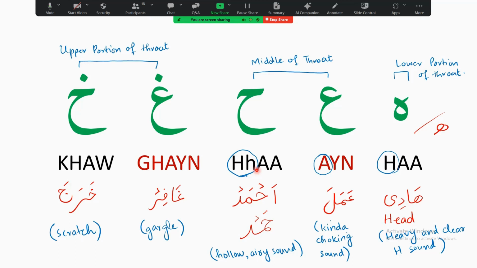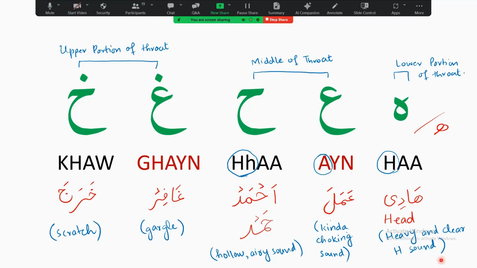That is the way we make the H sound, and then we can attach the vowel sound with it. Ha.